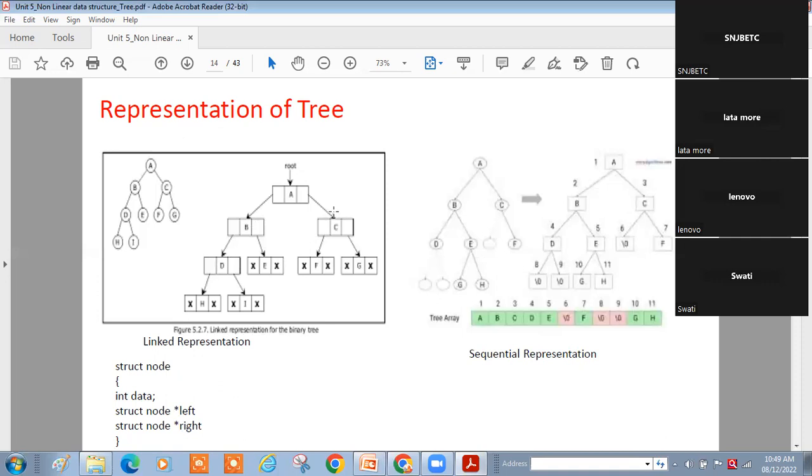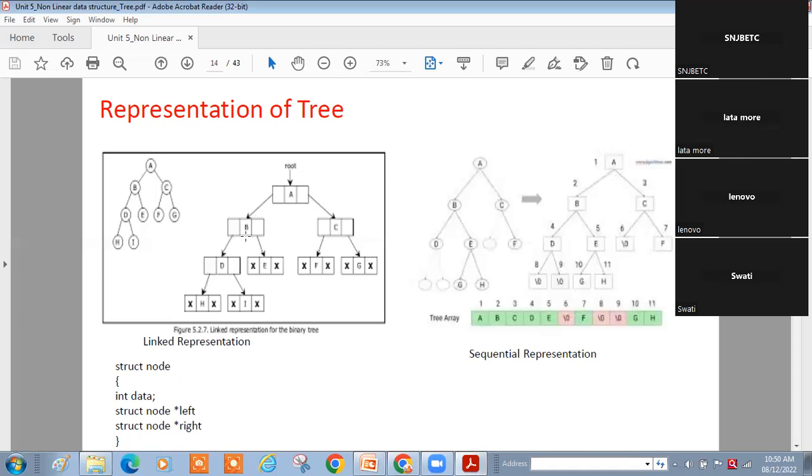Now this is very important when you have to see about the program. Even if you have to write a C program for a representation of a tree, we have to use the same representation. Here is the root node having one left node, one right node. So we have to provide the address of the left node and the address of the right node.